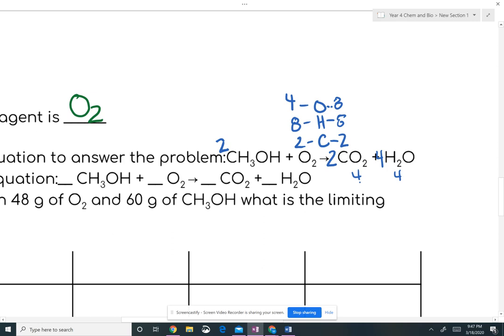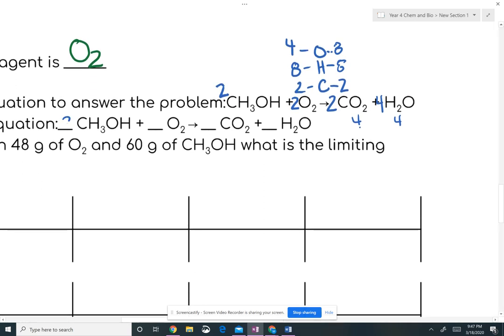Right? So now I can add a 2 in front of here. And then this would be a version of a balanced equation. Another possible answer would be to just make sure that you have your 1, 1, 1, 2 would be another possible one.